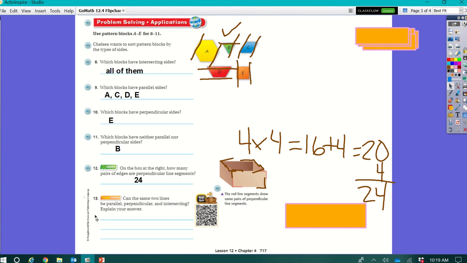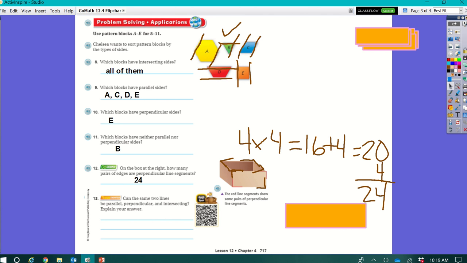Okay, and number 13, I think you should be able to get. It says, can the same two lines be parallel, perpendicular, and intersecting? And then it wants you to explain your answer. So think about it. Can two lines be, and I'll draw them up here in orange, red, we'll do that.